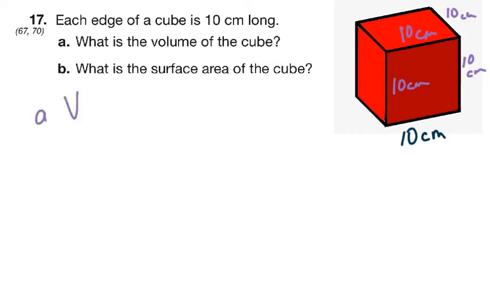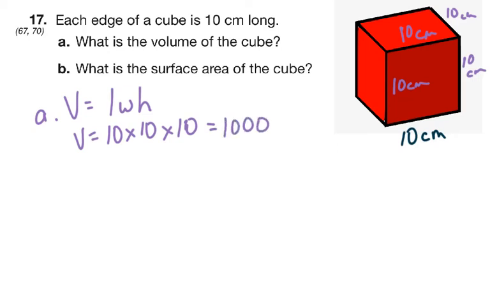Good, you should do volume equals length times width times height. Well, the length, the width, and the height are all the same number. So go ahead and you're going to multiply those together. All right, when you're done, press play.